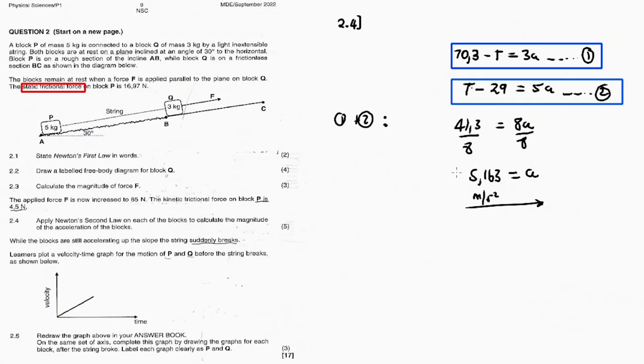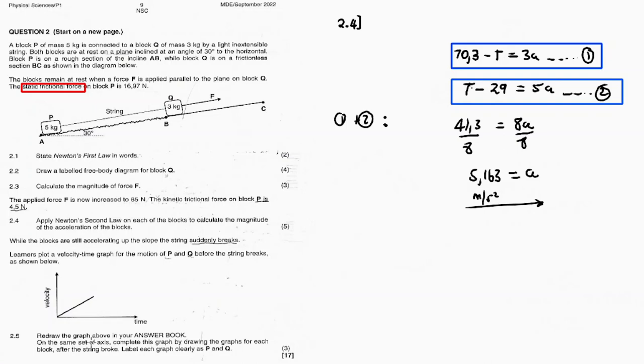Now the last question 2.5. 2.5 bathini ke manje? 2.5 bathi while the blocks are still accelerating up the slope, the string suddenly breaks. Let us plot a velocity time graph for the motion of P and Q before the string breaks as shown below, right?